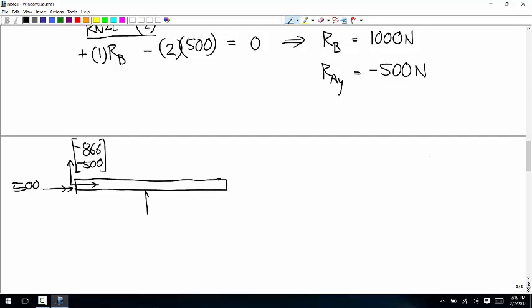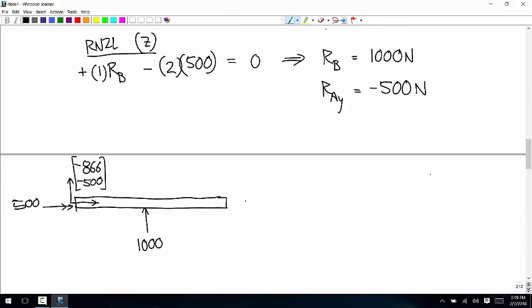We have the force RB in the middle of 1,000. And then over here we have the force positive 866, negative 500. And then we have the couple in the negative x direction of 500 Newton meters. Okay.